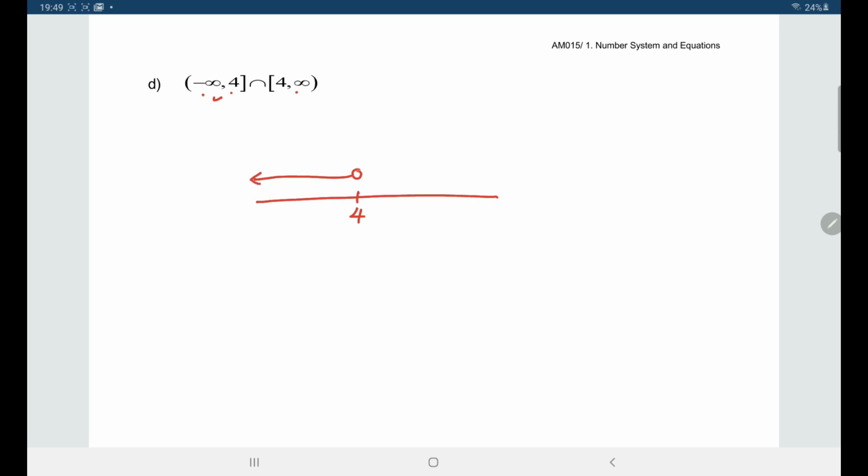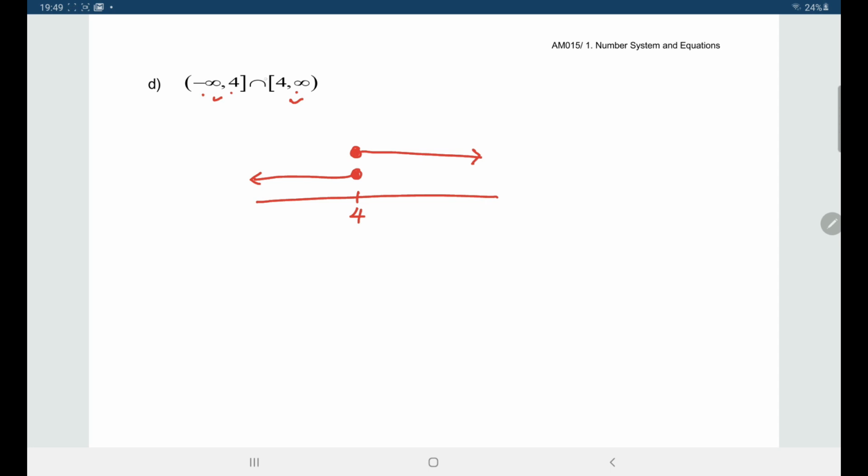At number 4, we draw a dense circle because number 4 is included. Next, the next interval is infinite interval 4 to infinity. So we draw from number 4 to the right. At number 4, we draw a dense circle because number 4 is included. So what's the solution?